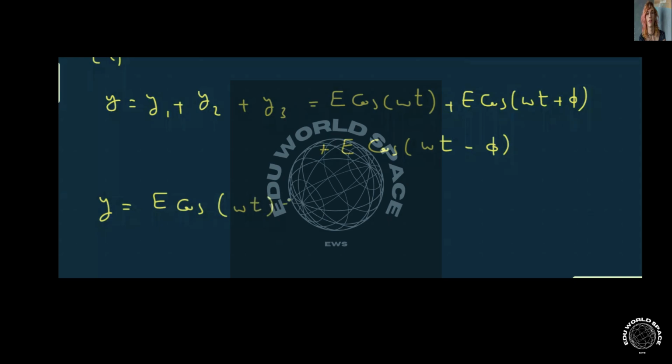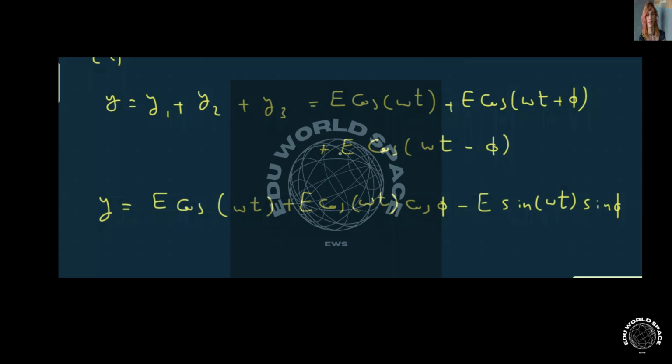So here y is equal to E cosine omega t plus E cosine omega t cosine phi minus E sine omega t sine phi. This is for the second term.